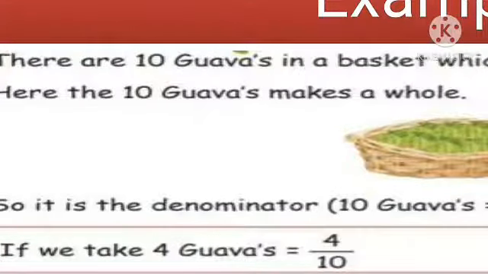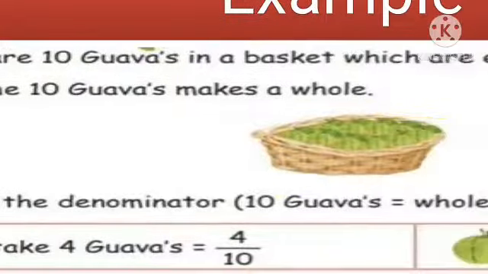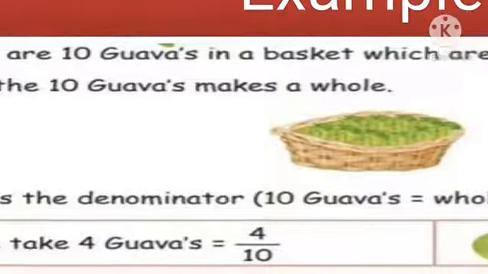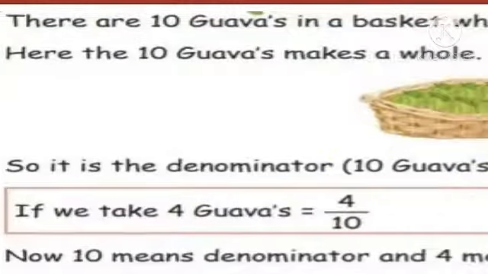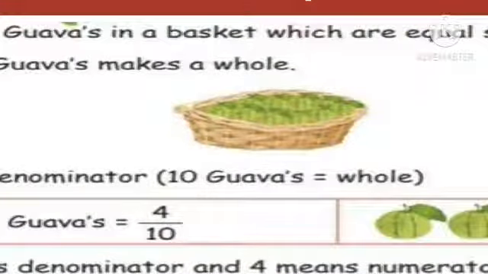That means the whole, the 10 guavas, has to come in the numerator or denominator, dears? Yes, whole means the denominator. So 10 guavas is equal to whole. That means the 10 has to be taken as denominator.